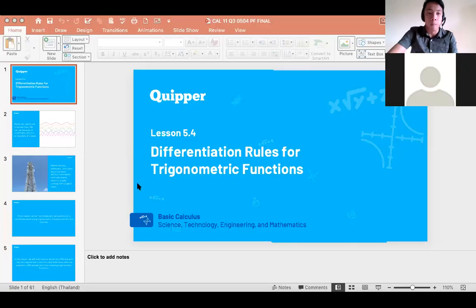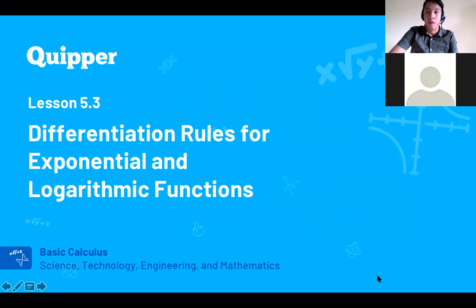I will share my screen. All right, so this is still lesson 5.3, the differentiation rules for exponential and logarithmic functions.